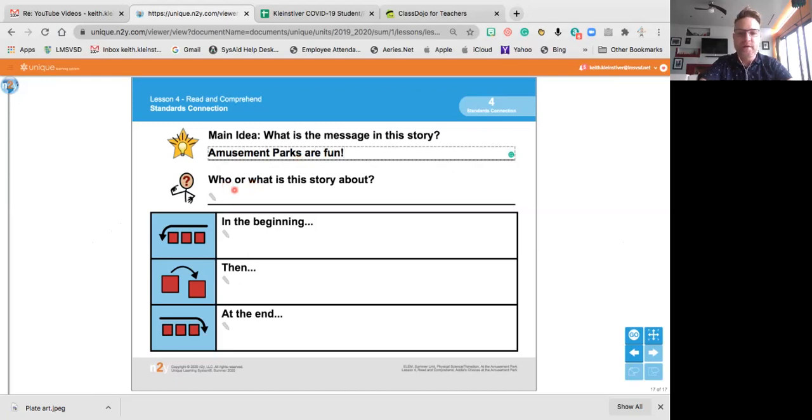Amusement parks are fun. Who or what is this story about? Do you remember her name? Main character was Addie. What happened at the beginning? Addie, what did she do? She rode the roller coaster, right?